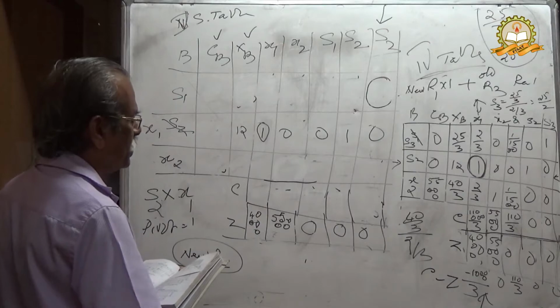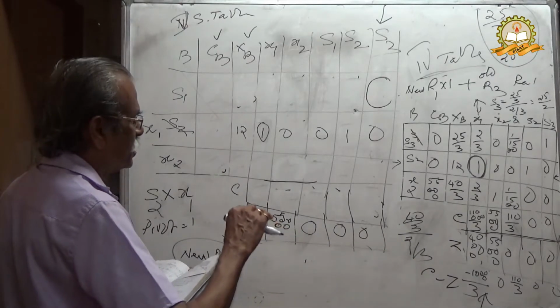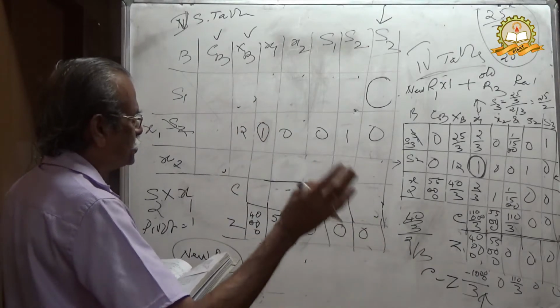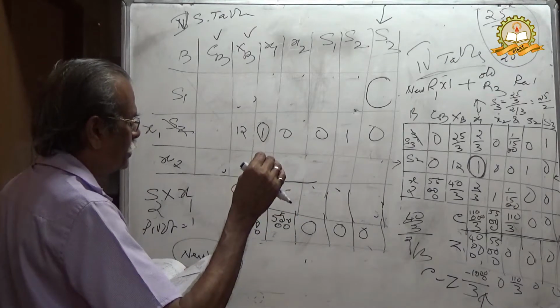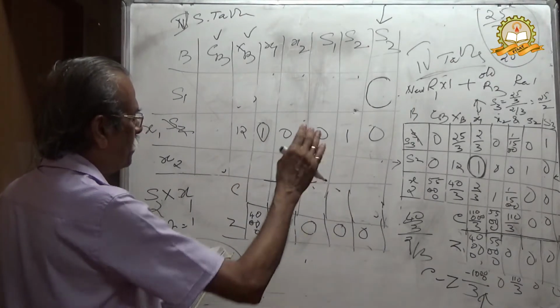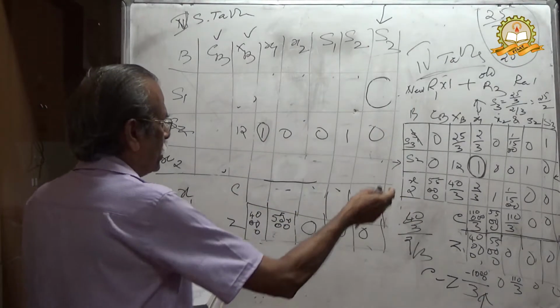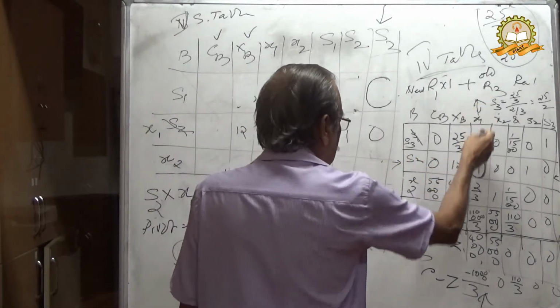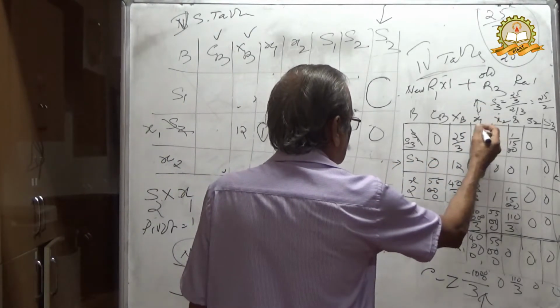So your job is row S3, that is row R1, using new row R2, make that cell value 0. Above 1, below x1, make this into 0.